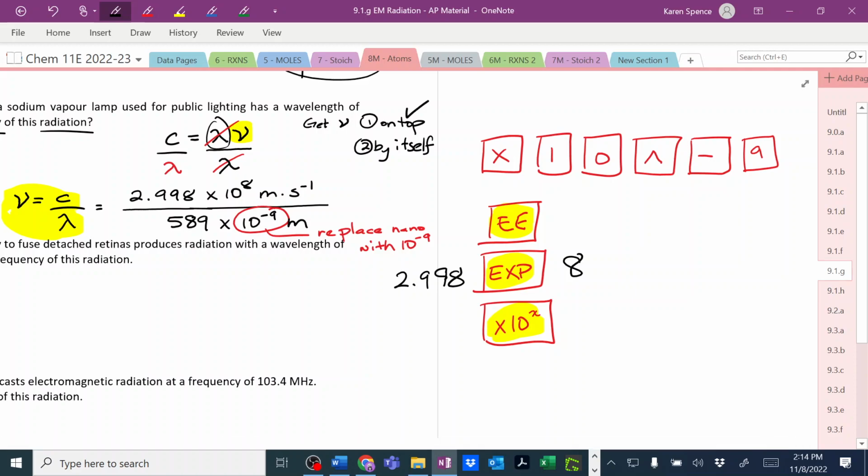Your calculator considers this to be just one number. And then times 10 to the 8? Yeah, it considers that all to be one number. Let me take a look because they're probably different.